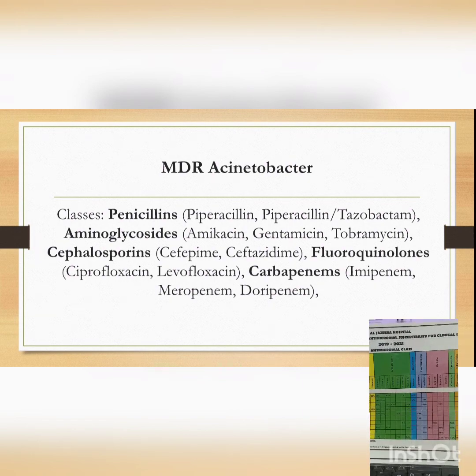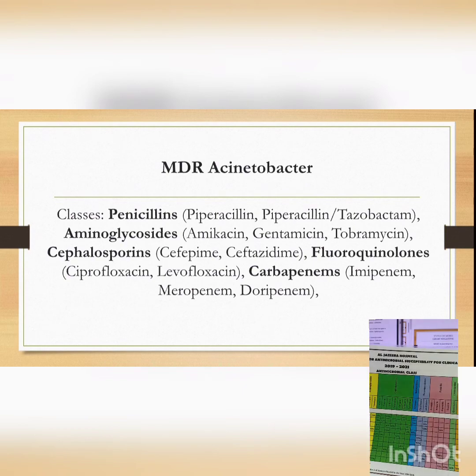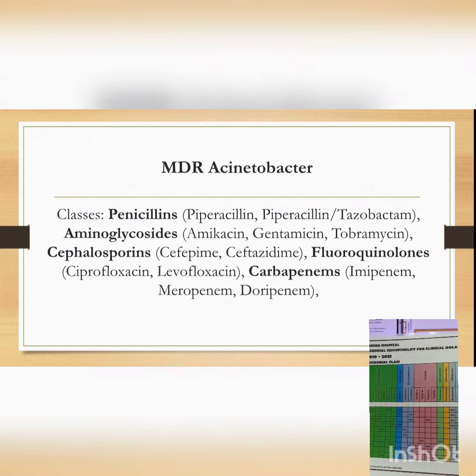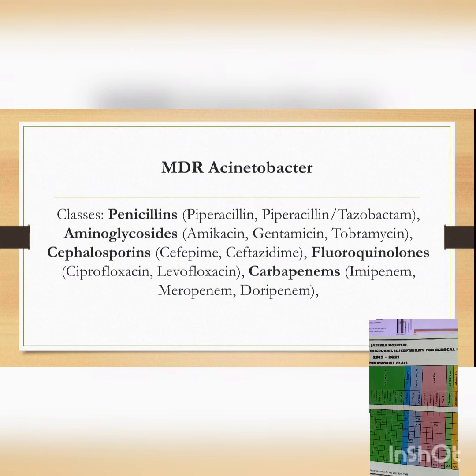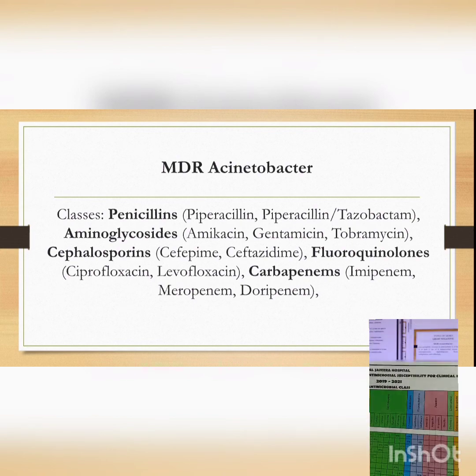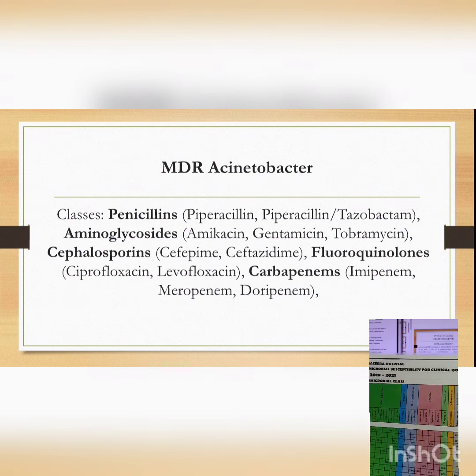Now, to further explain your antimicrobial classes with regards to your MDR Acinetobacter, we just need at least 3 out of 6 antimicrobial classes, right? As I have mentioned, the classes are penicillin, aminoglycosides, cephalosporin, fluoroquinolones, carbapenems, and your sulbactam.